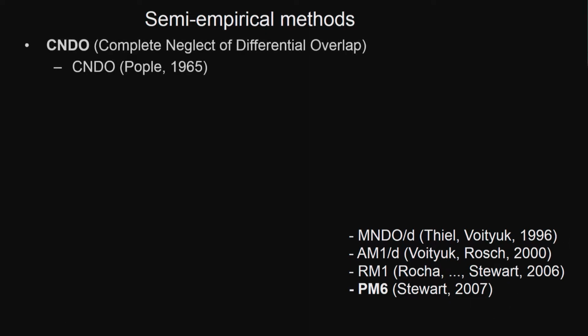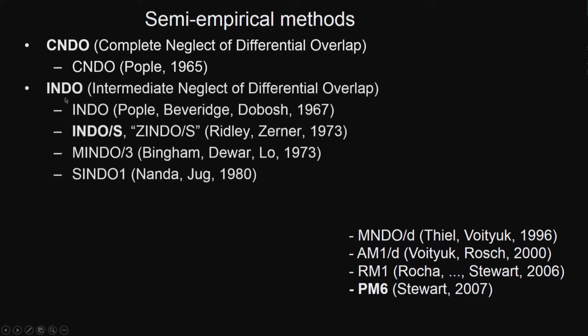CNDO, that is complete neglect of differential overlap, the first CNDO was developed in 1965. Then came INDO, intermediate neglect of differential overlap, a slight improvement, 67, then 73, 1980. As time goes, improvements on these methods were developed, but the earliest is CNDO, that is 65.